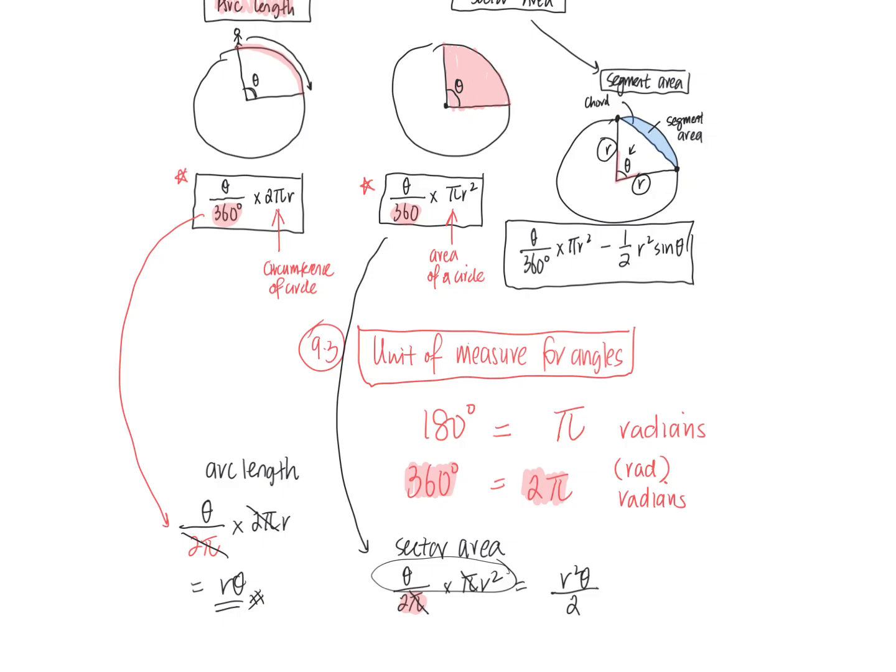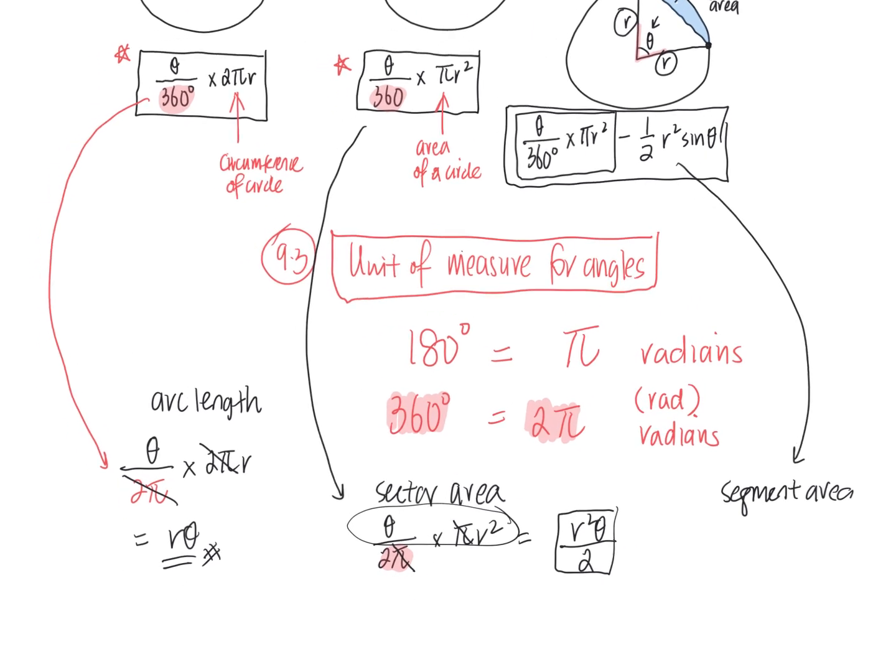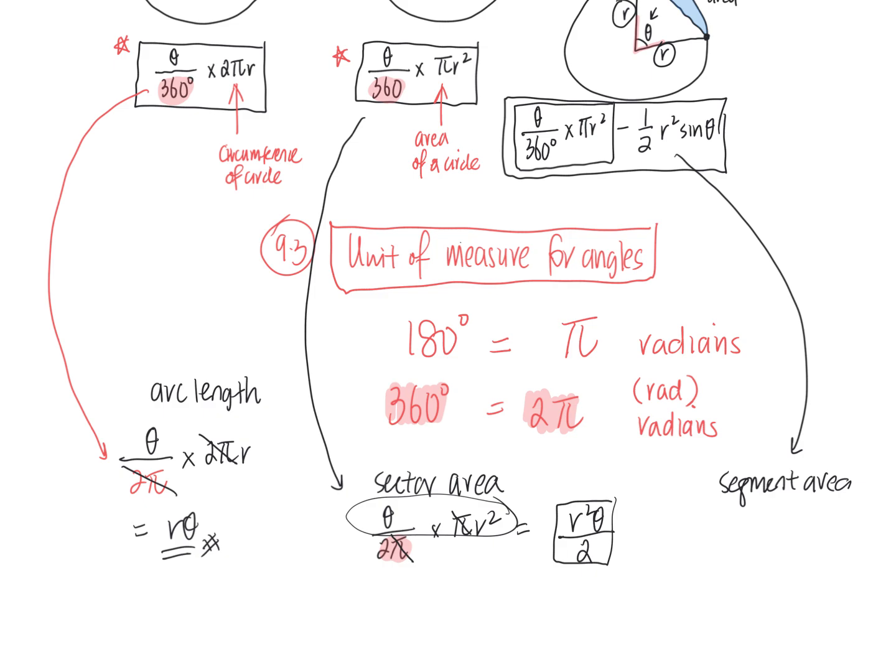If it's in degrees, it's the 3 formulas up there. If it's in radians, then I will use the 2 formulas that you see at the bottom. The last one, no change. The only difference is this one is sector area, right? So instead of writing this, I will write this. Everything else is the same.